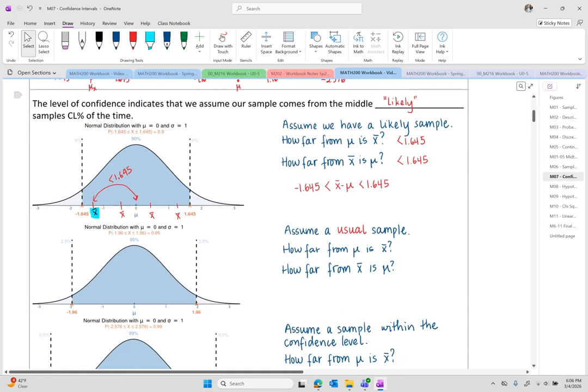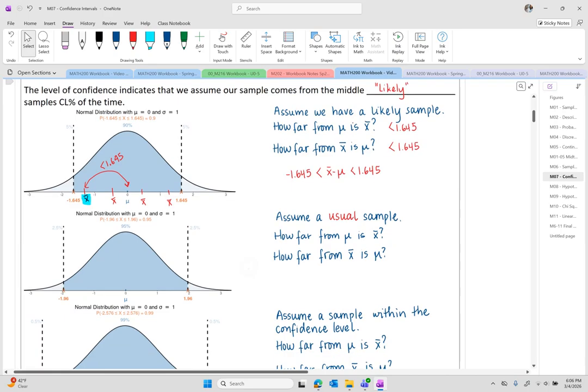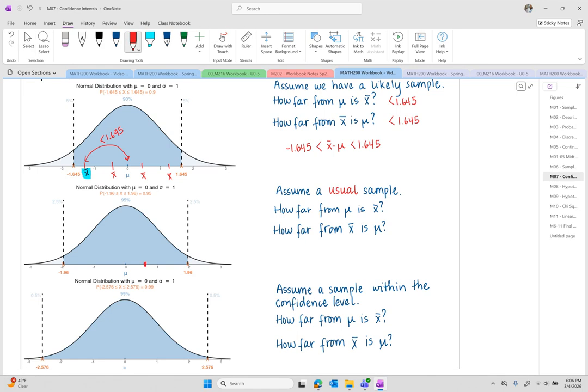Assume that we are at the confidence level of 95% and we have a usual sample, a sample that 95% of the times will be within the interval of confidence. So let's say that our mean is over here. How far away from the parameter is this sample statistic? And the answer is it will be less than 1.96 in absolute value.